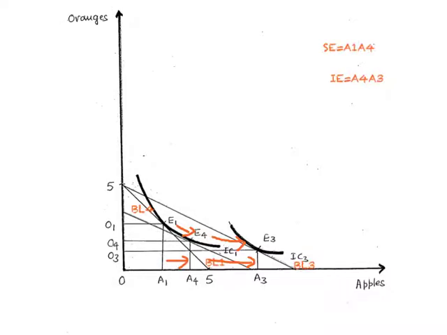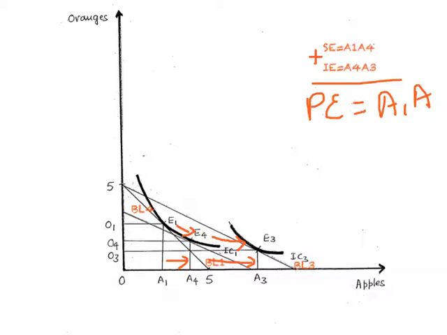So what we find in this case is the income effect, if apples happen to be a normal good, reinforces the substitution effect. And so when we add these two up, we get the famous Slutsky's equation, which is price effect equals A1A3. So this diagram pertains to apples being a normal good.